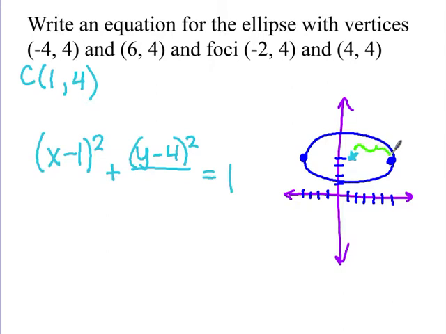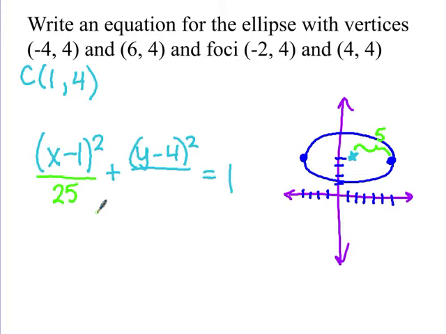Okay, what is that distance? 1 to 6. 5. Good job. So that means A is 5. And remember, A always goes with, in this case, X. So I'm going to put it over 25 because you always put it over A squared.